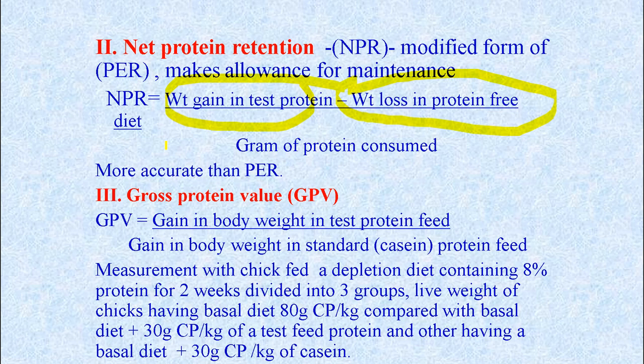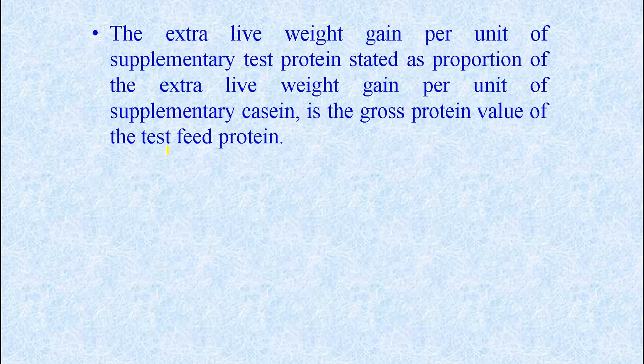So varieties of the formulas can also be given, and we should be able to get it done. So if you go on extra live weight gain per unit of the supplementary test protein, stated as the proportion of extra live weight gain.